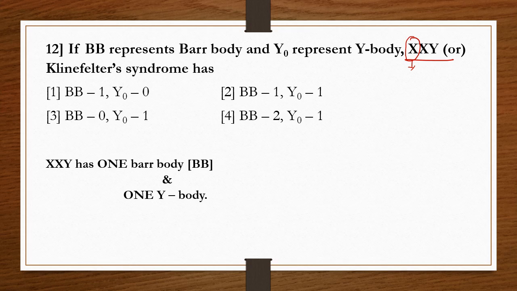So Barr body is 1, and Y body is 1. So option 2 is the correct answer.